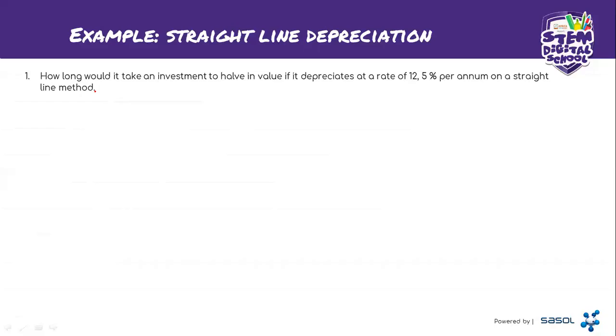For instance, if you are talking about a car, right? Then if you buy a car this year with 10,000 rand, after 5 years, this car is going to depreciate. It's going to lose value. It's no longer going to be 10,000 or more than 10,000, but it's going to be less than that.